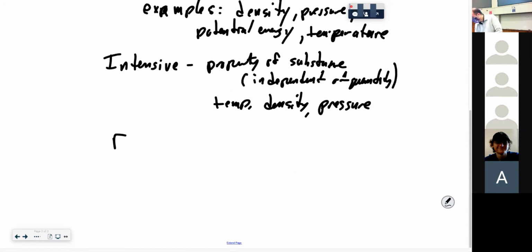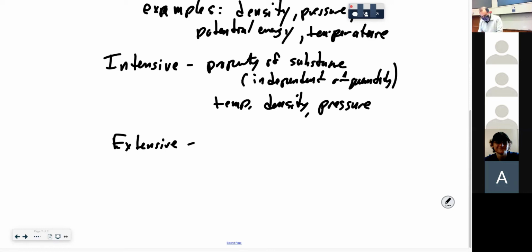Extensive variables we're not going to be as interested in, but they're still important. These are properties that change if I were to take a second cookie and smash it into that first cookie. The density wouldn't change, the pressure wouldn't change unless I smash it really hard. Or if I just made a big cookie that were twice as big, these variables would double when I double the amount of cookie matter that's there, right?